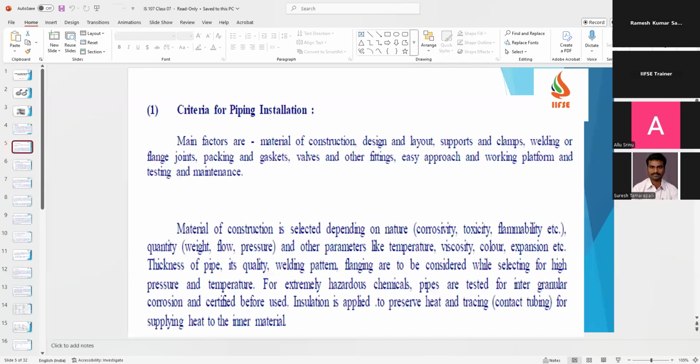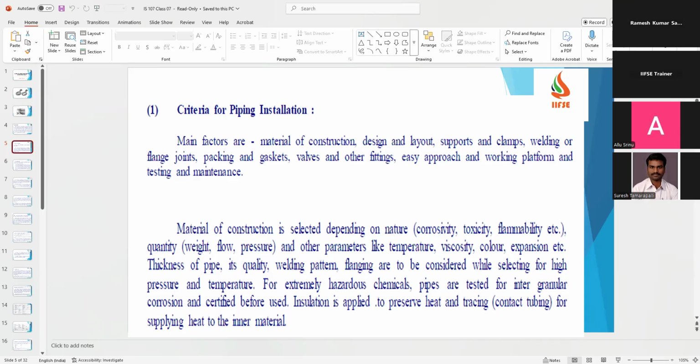Then criteria for piping installation. The main factors are the material of construction, design and layout, supports and clamps, welding or flange joints, packing and gaskets, valves and other fittings, easy approach and working platform, and testing and maintenance. One factor is MOC, what type of material you are choosing.